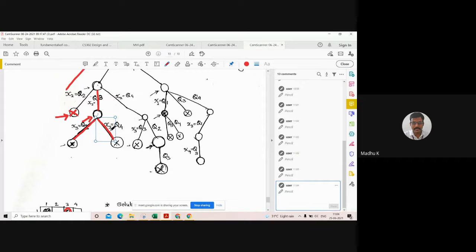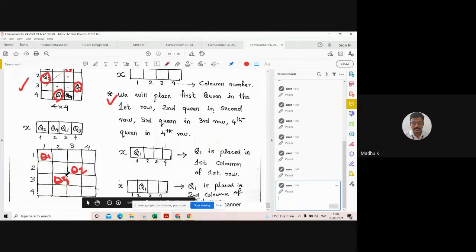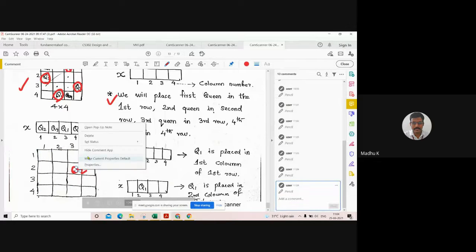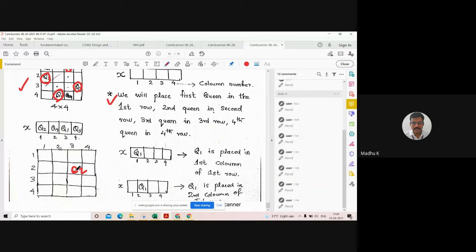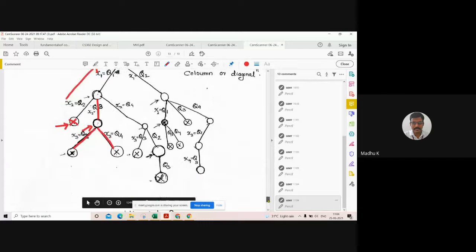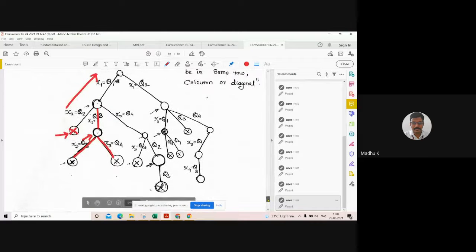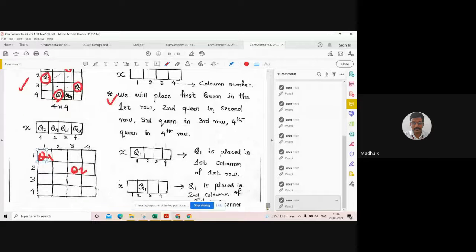That is, I will place Q4 at the third column. I will place Q1 here. Then where I placed Q2, I placed at the position column 3, here.